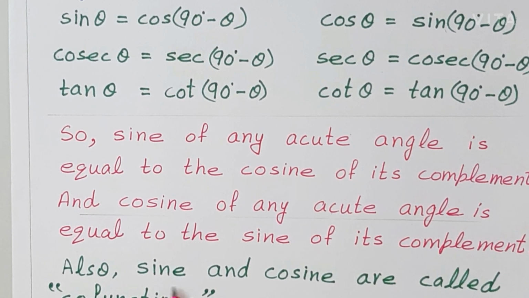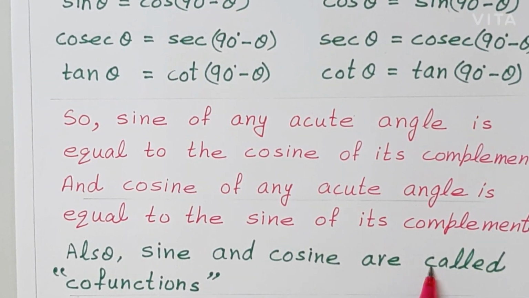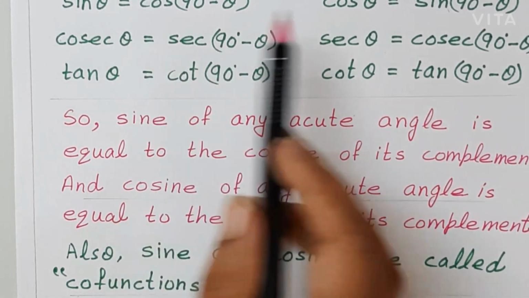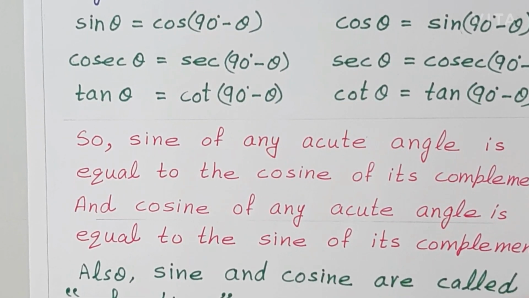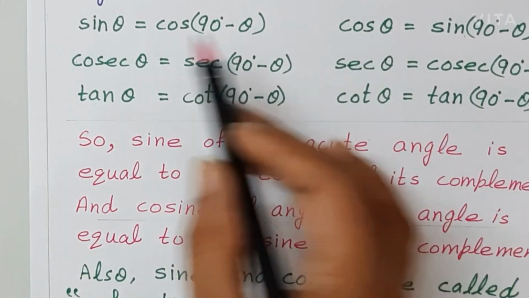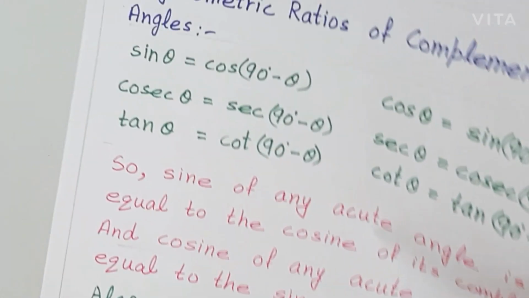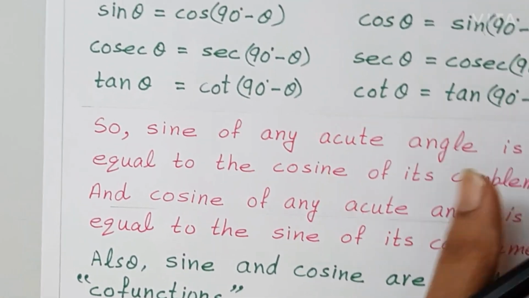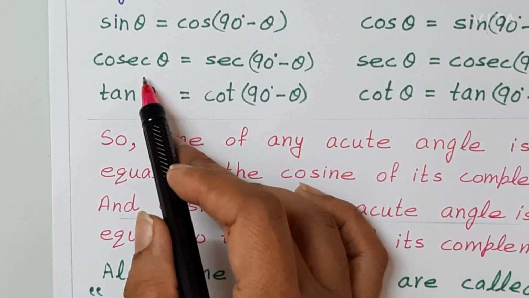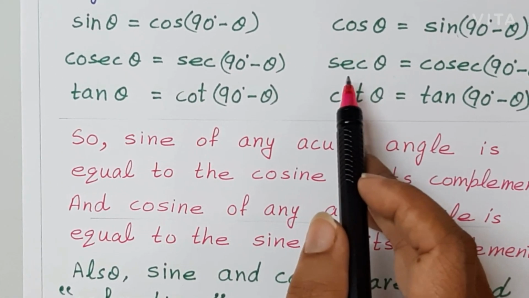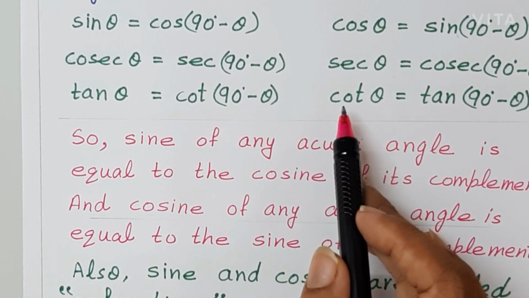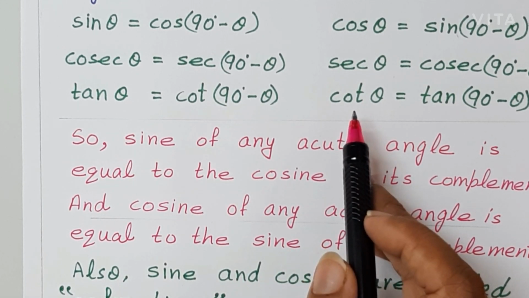Also, sine and cosine are called cofunctions. Why cofunctions? Because the sum of these two angles is always 90 degree, as they are complementary angles. So, sine and cos are cofunctions. Similarly, cosecant and secant are also cofunctions. Tangent and cot are also cofunctions.